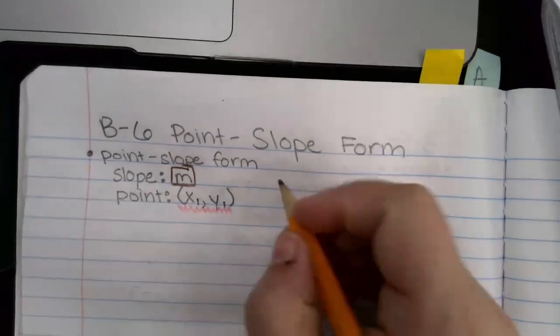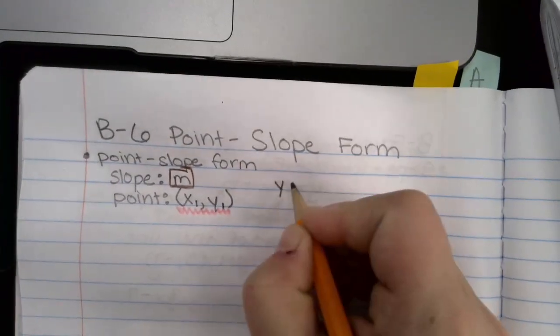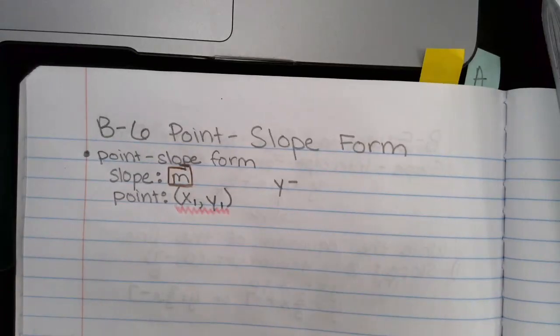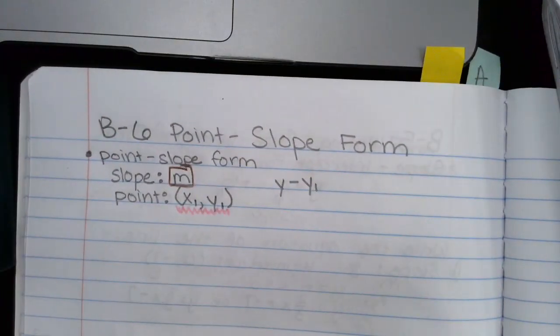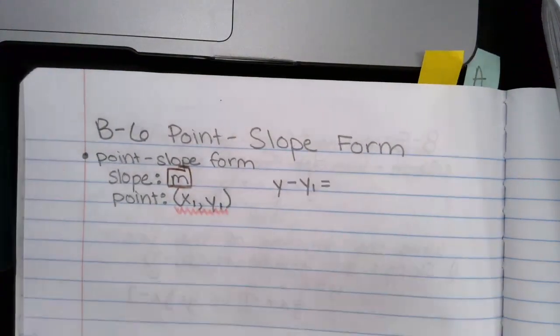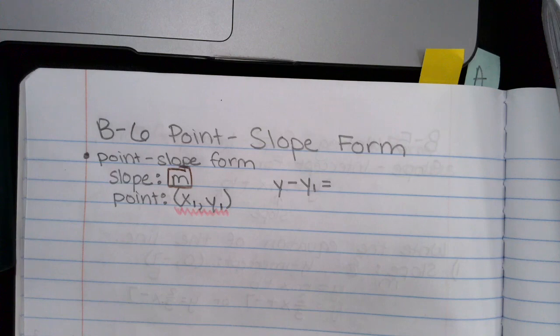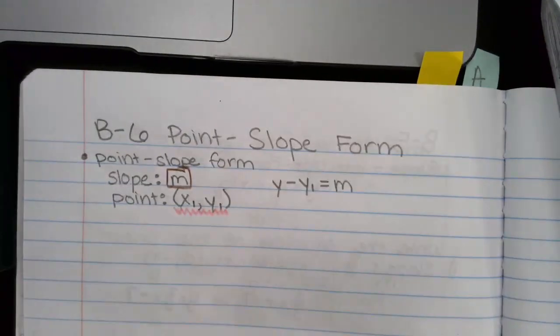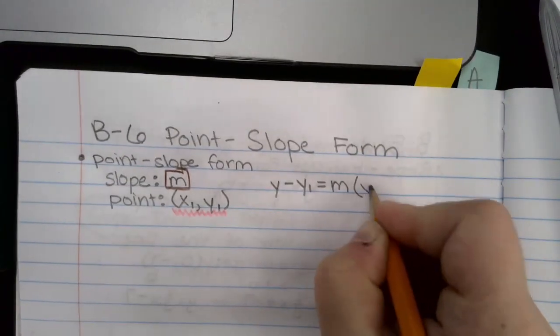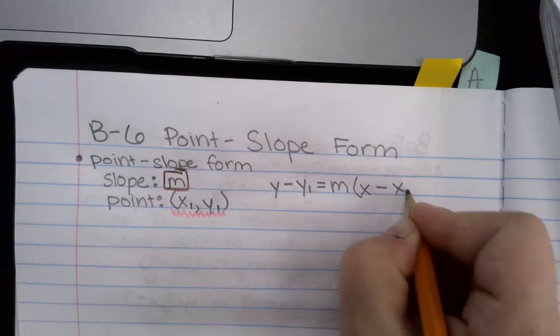Okay, now the form goes y minus y1 equals m times the quantity of x minus x1. Last time we did slope with y2 minus y1 equals m. That's really, really important.